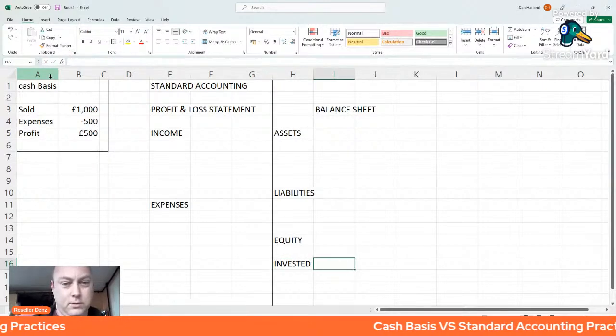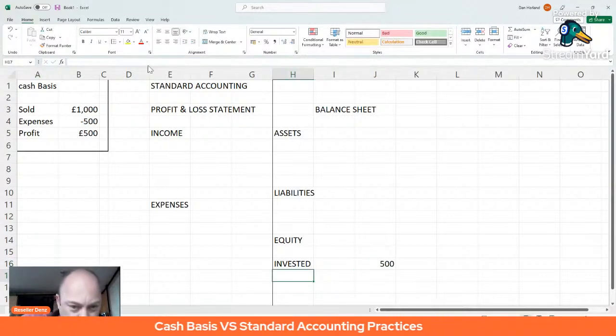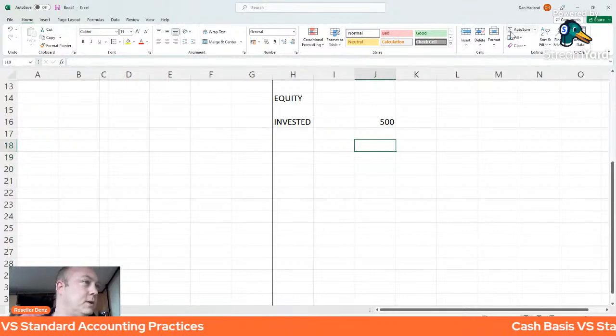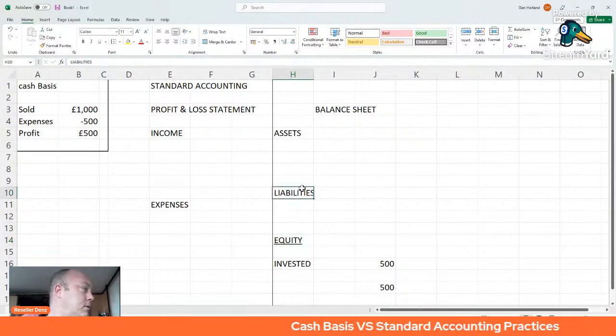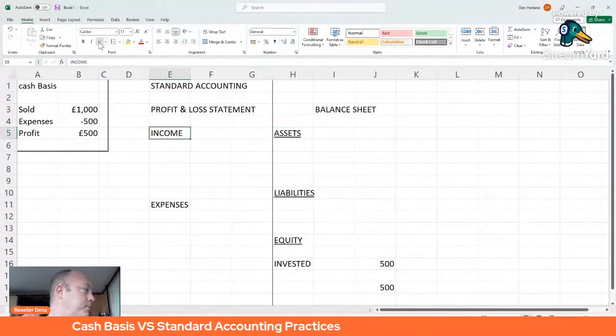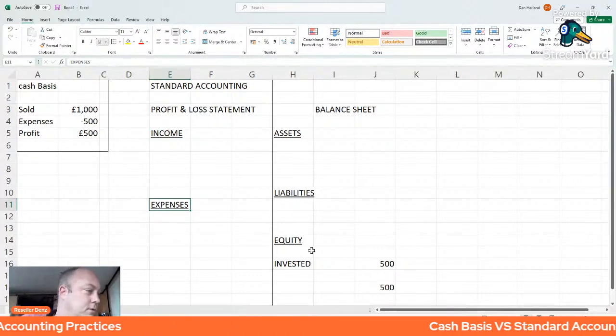Let's just join it down to invested, right? So you got £500. Okay. So the total of your equity is going to be 500 quid. Let's stand these out, shall we? So we know that they're headings. So I'm working on the other screen. So if I look that way, I'm on the other screen.